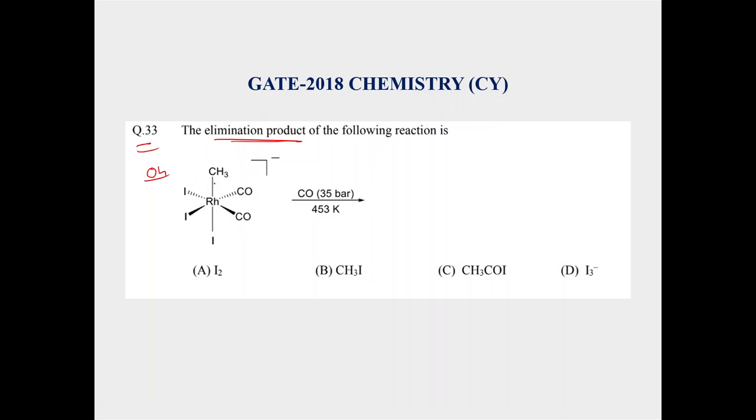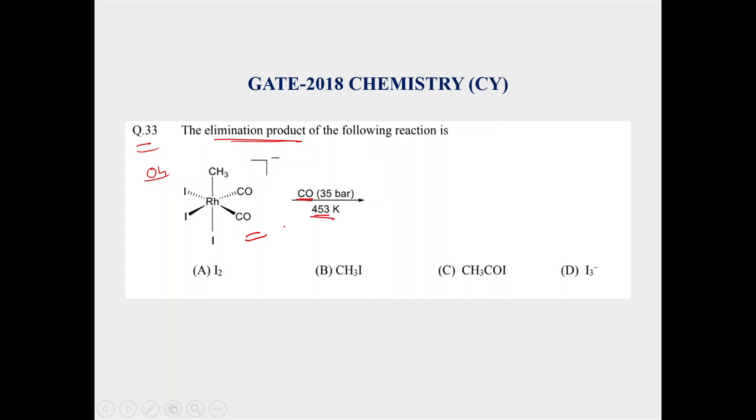The rhodium is coordinated to one CH3, 3 I and 2 carbonyl ligands, and the complex has an overall charge of minus. The reaction is with CO at 35 bar and 453 Kelvin. What will be the elimination product from this compound?